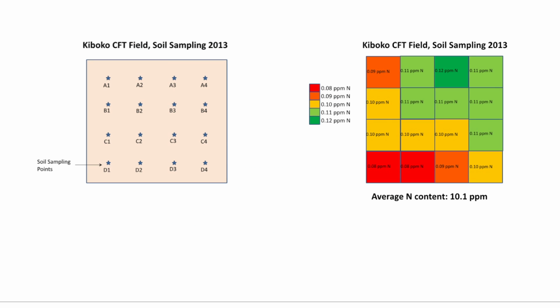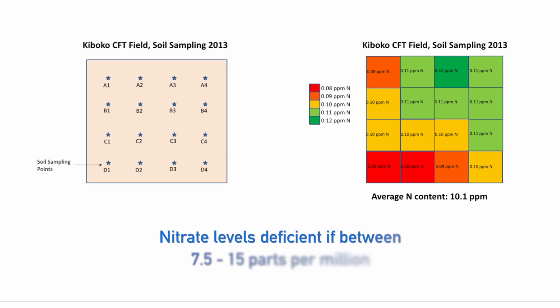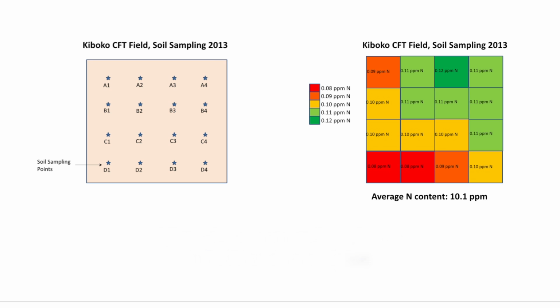A heat map is a visual representation of data where individual values are represented by color. In this example, low levels are red while high levels are colored green to represent fertility. Generally, the nitrate level in the soil is considered deficient when it ranges between 7.5 and 15 parts per million.